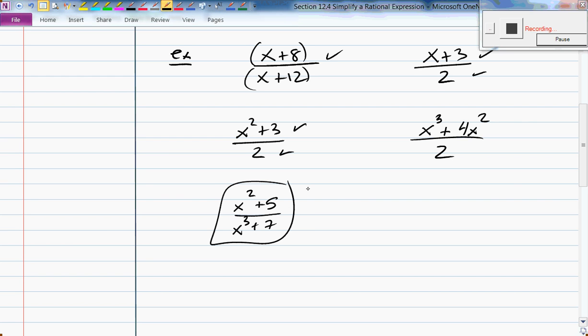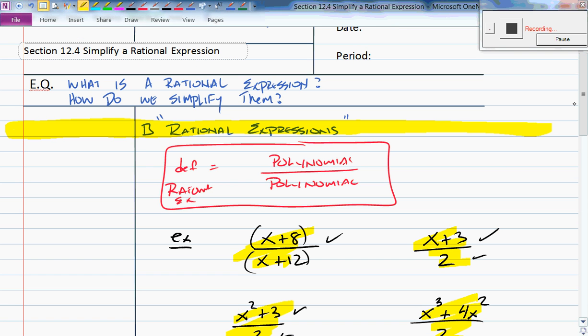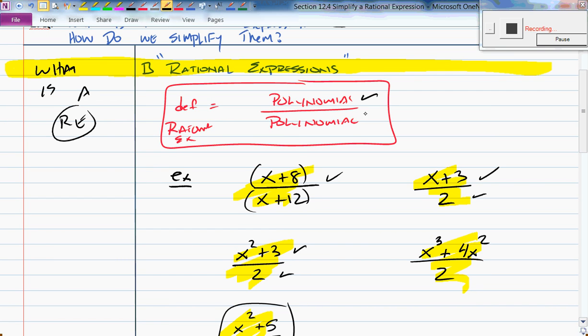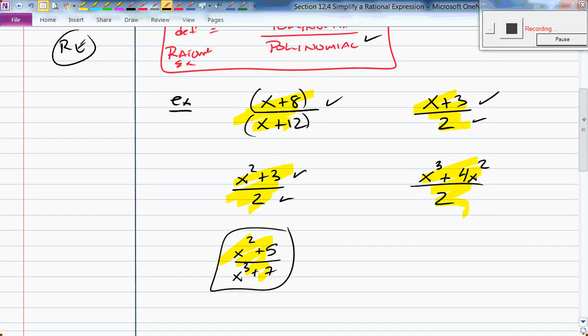That's another rational expression. Every single one of these is a rational expression because it's a polynomial over a polynomial. So the essential question we're trying to answer is, what is a rational expression? You should be able to answer that by now. It's a polynomial over a polynomial.